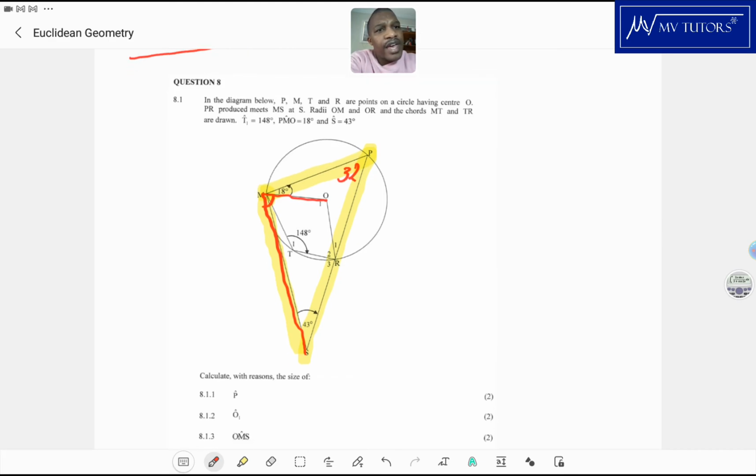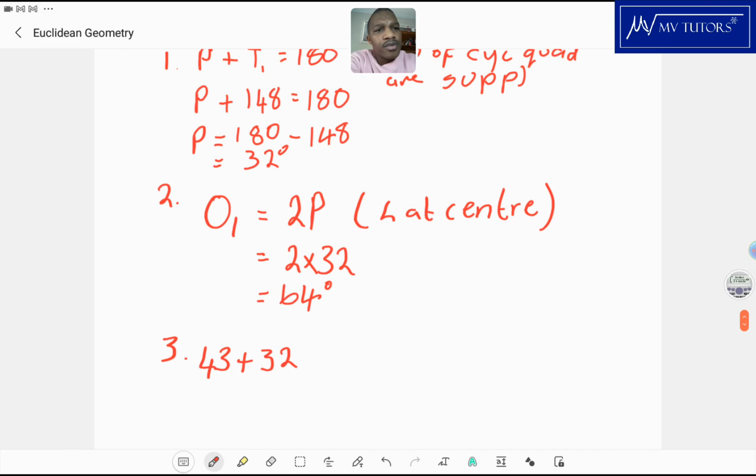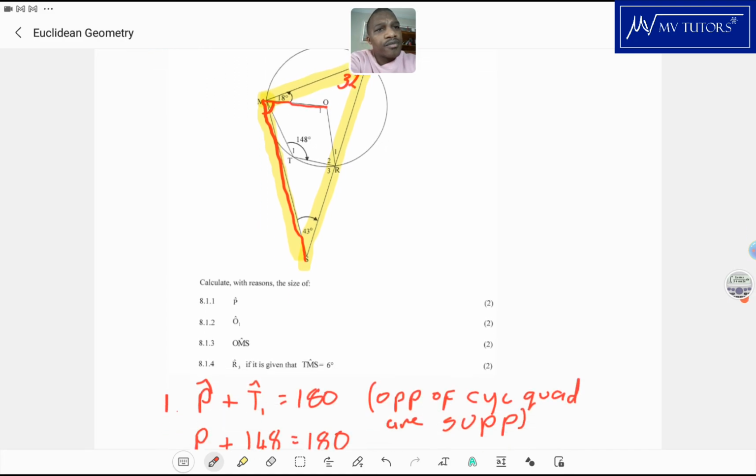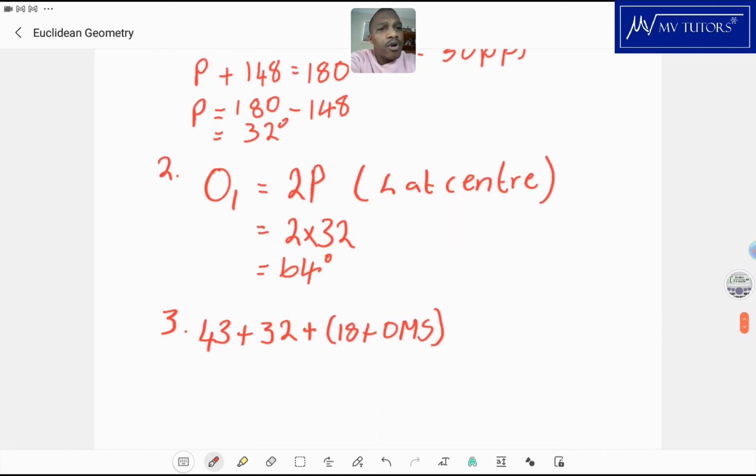So we need to add that 18, which let me put in brackets so that you can see that 18 is part of M. So I'll put 18 plus OMS. It's because they are both part of M. The whole M is 18 plus OMS. So if I add up all of these, they should equal 180, and the reason is angles of a triangle.